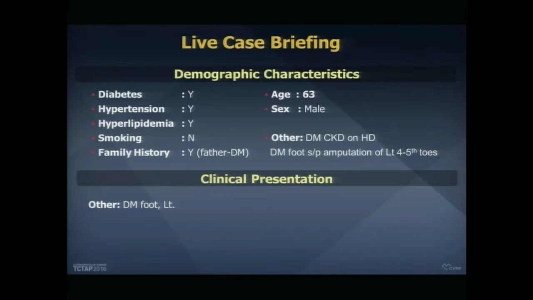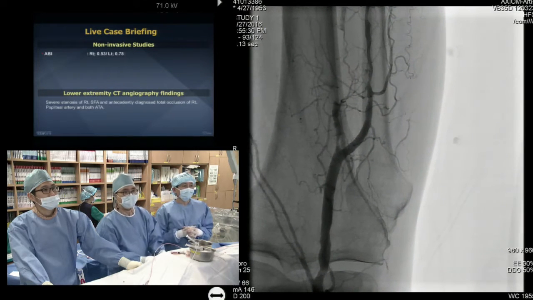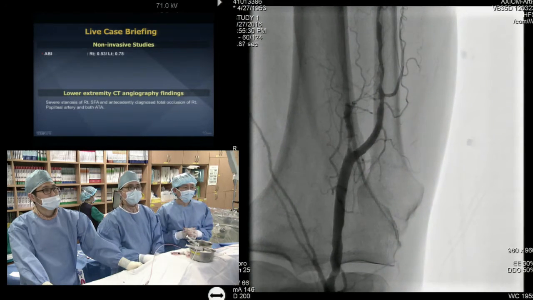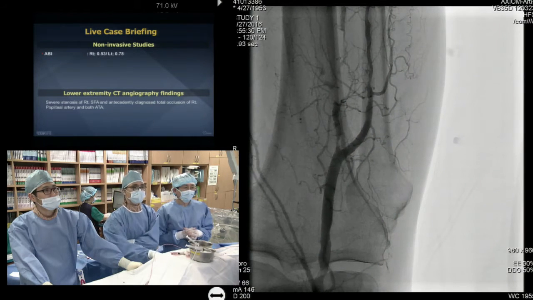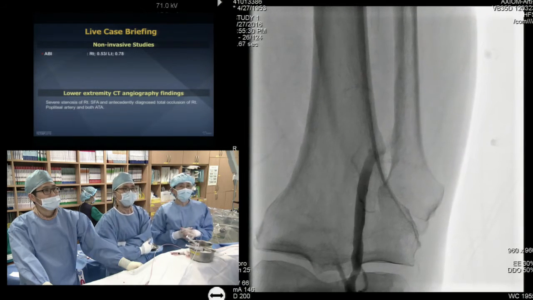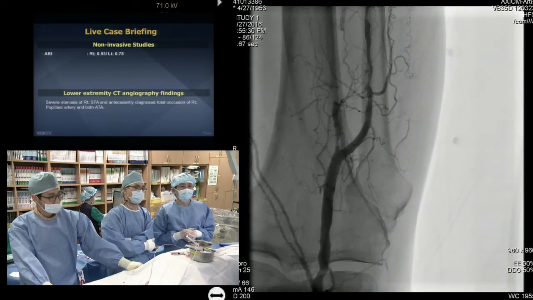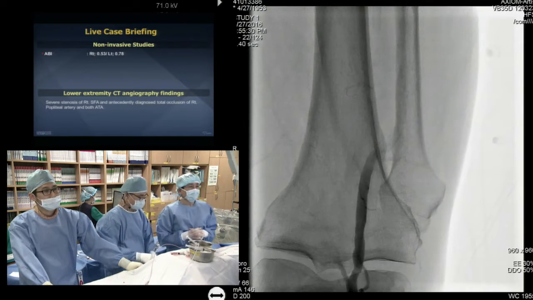Two years ago, he had amputation of left 4th and 5th toes. The echocardiography showed normal ejection fraction. Okay, this is the case.